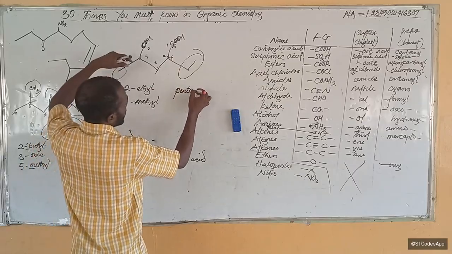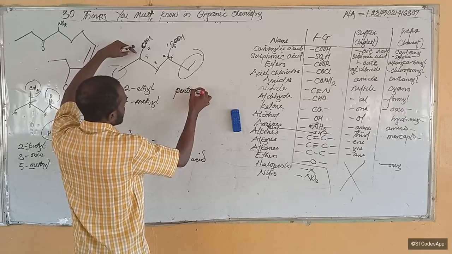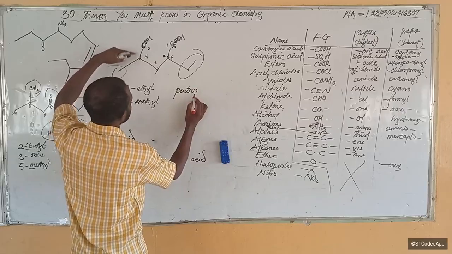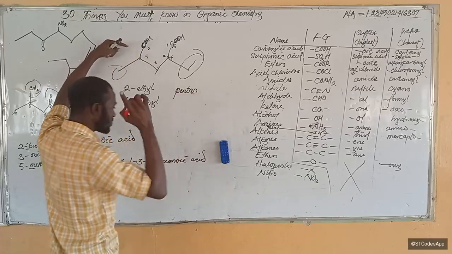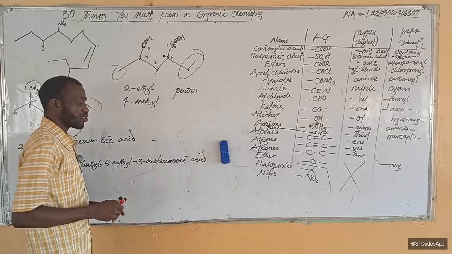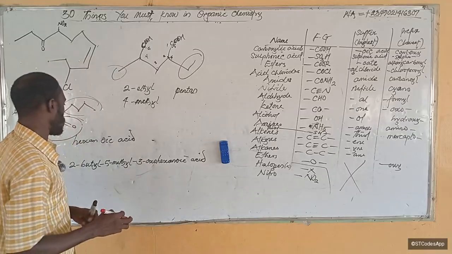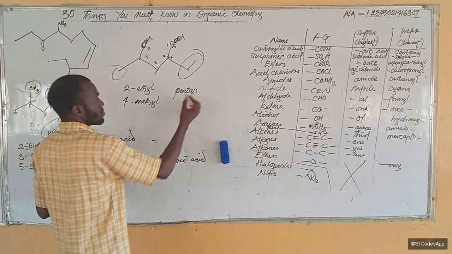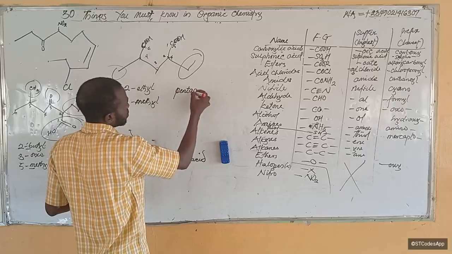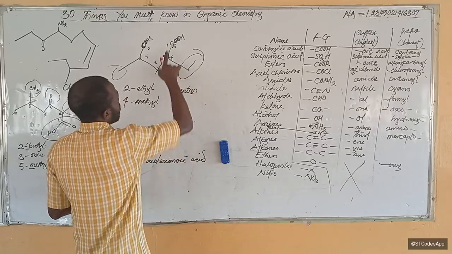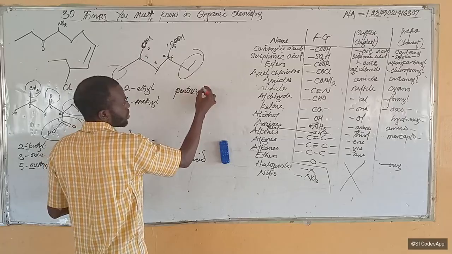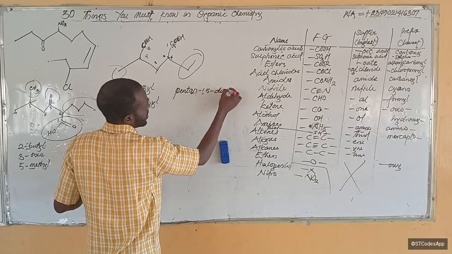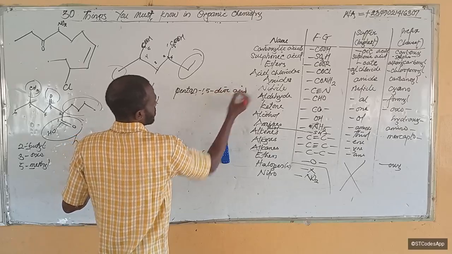Now, pentan, the 'an' giving us single bonds all through. Single bonds. So we have 1,5-dioic acid.